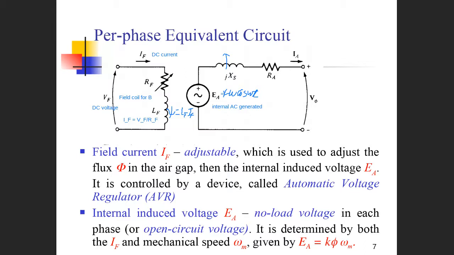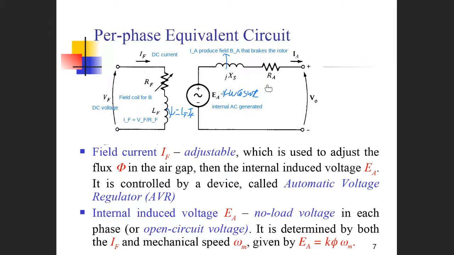The armature current, if the armature current is 0, that will be 0.